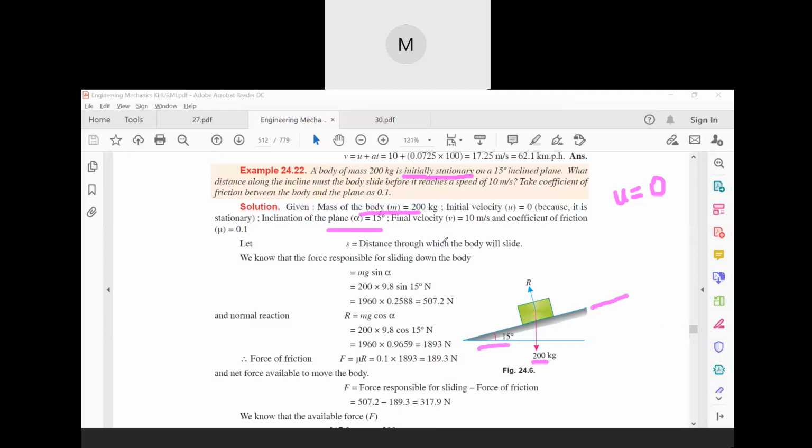Now it is also given what distance along the inclined plane the body must slide before it reaches a speed of 10 meter per second. So the final velocity v is given as well. So v is given as 10 meter per second. So if v is given as 10 meter per second, then what happens? U is what?